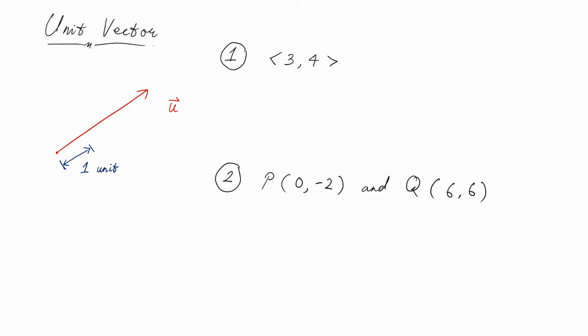Now, how are we exactly going to find this magnitude 1 unit of the vector u? It is given by a simple formula, usually written as u hat equal to 1 divided by the norm of the vector u multiplied with the vector u itself.